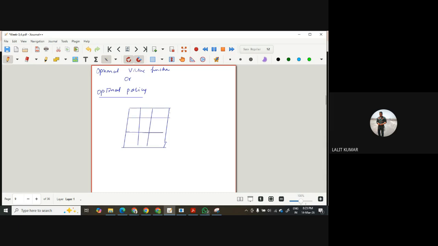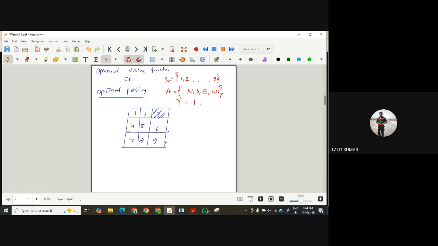This is a terminal state, and states 1, 2, 3, 4, 5, 6, 7, 8, 9. This we solved during our last revision session. We had seen that in this case we have actions north, south, east, west, states 1 up to 9, and gamma equal to 1.